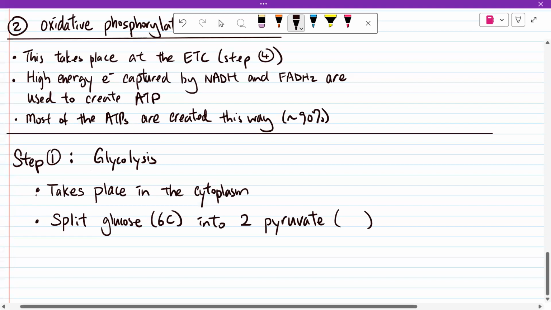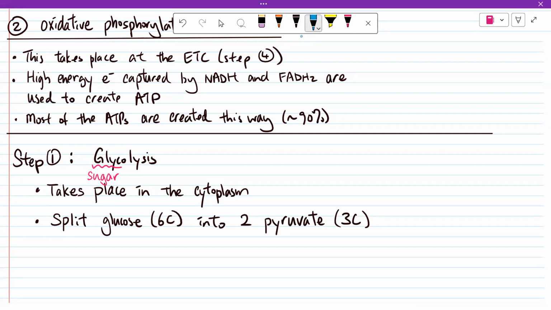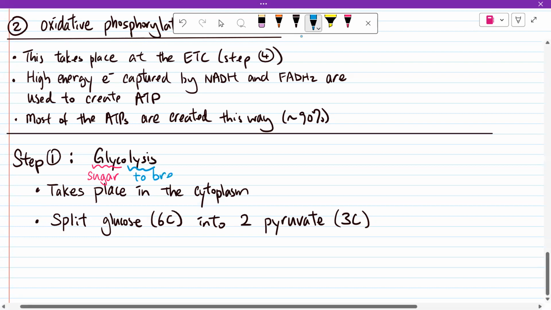If you split a 6 carbon molecule into 2, each of them will have 3 carbons. Okay? 3 carbons. So glyco, you should know by now, means sugar, and lysis, you should also know from last class, is to break. So we are breaking the sugar here into 2.